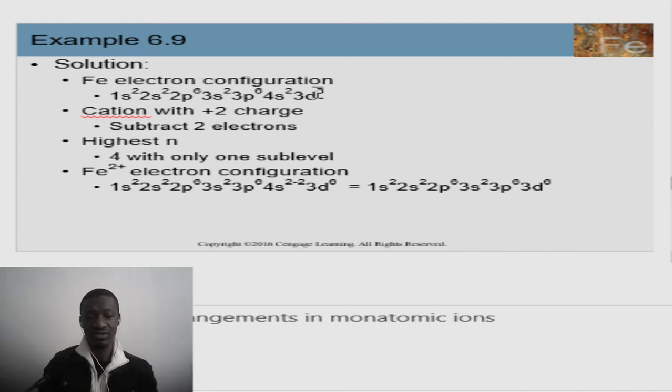So the electronic configuration is this. So for the cation with +2 charge, you subtract 2 electrons. So in iron, you just take this out, and what it will simply be is taking the 2 electrons from this. You have the situation where the 4s orbital is no longer present.